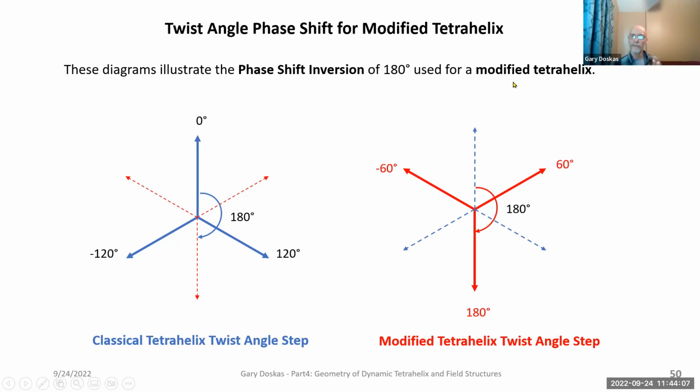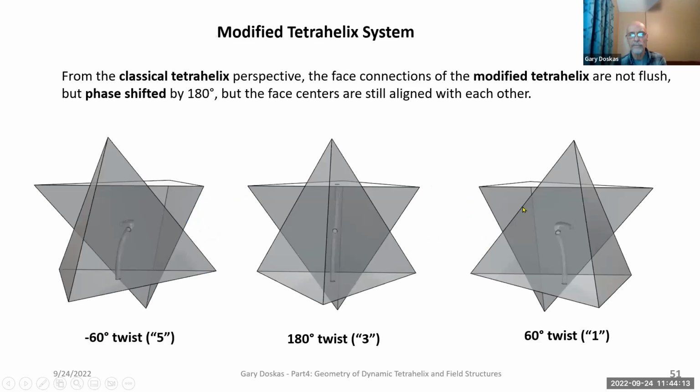So all the modified tetrahelix we'll be looking at will be based on these different rotation values. So from a classical tetrahelix perspective, the phase connections now in a modified tetrahelix aren't flush. They're phase shifted by 180 degrees, but the phase centers are still aligned with each other.